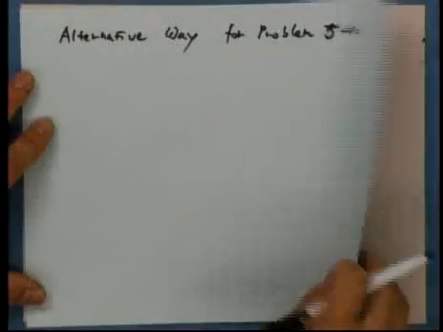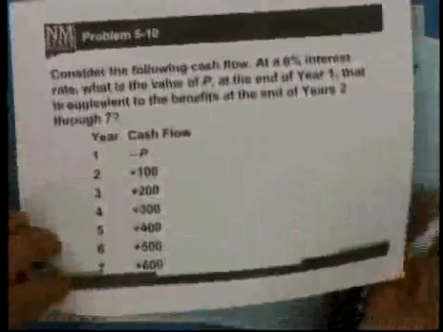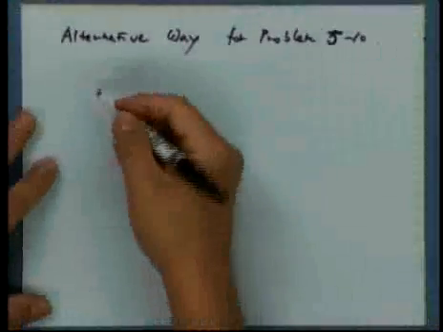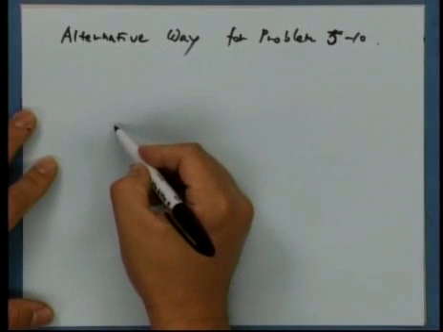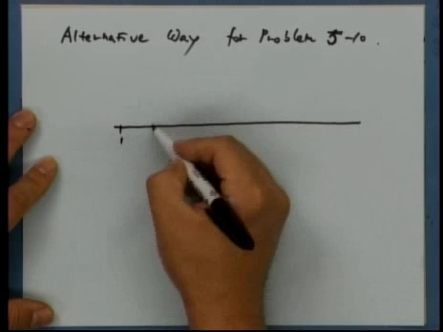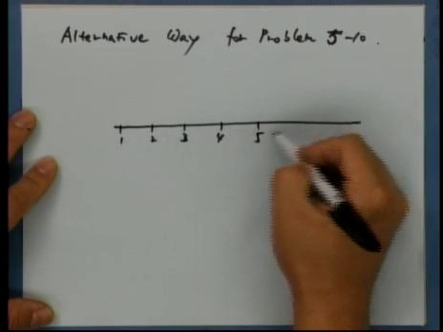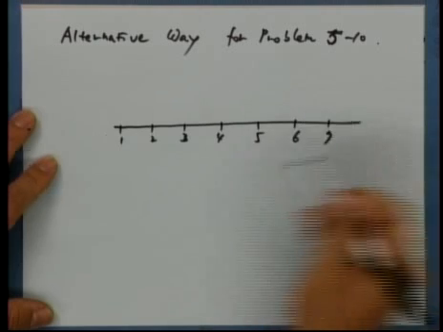So let me redraw the cash flow diagram based on this cash flow table. 1, 2, 3, 4, 5, 6, and 7 here.